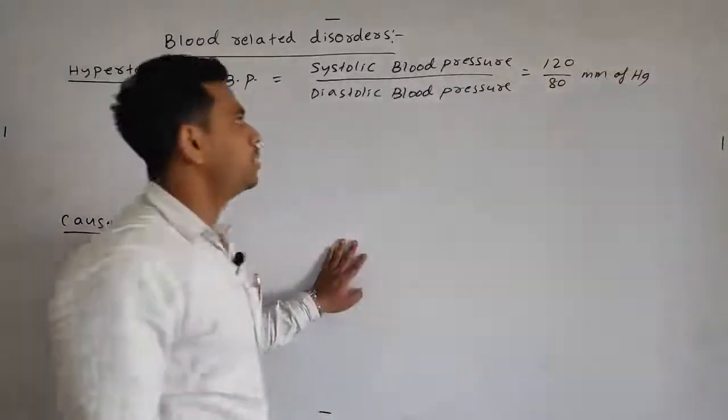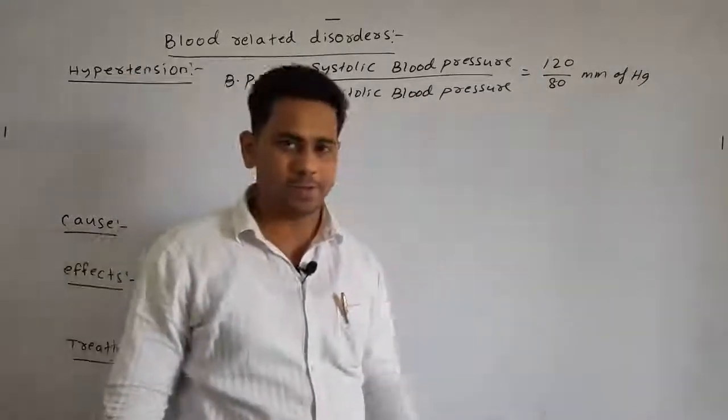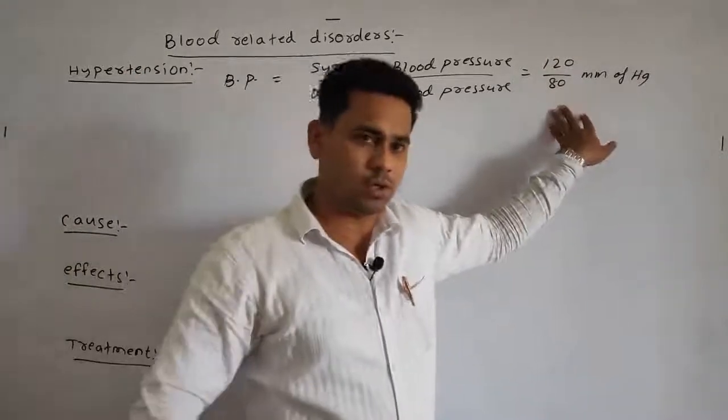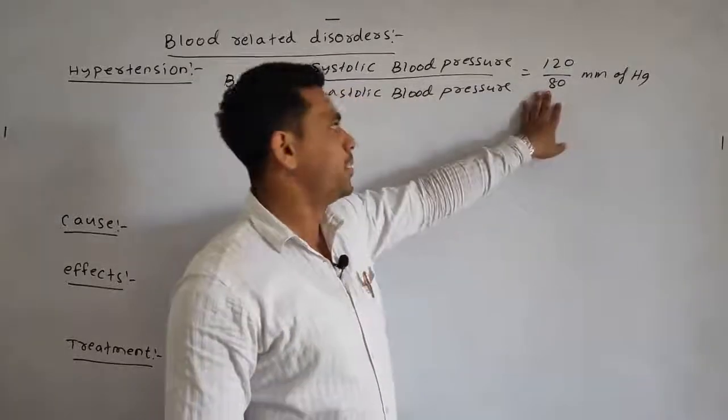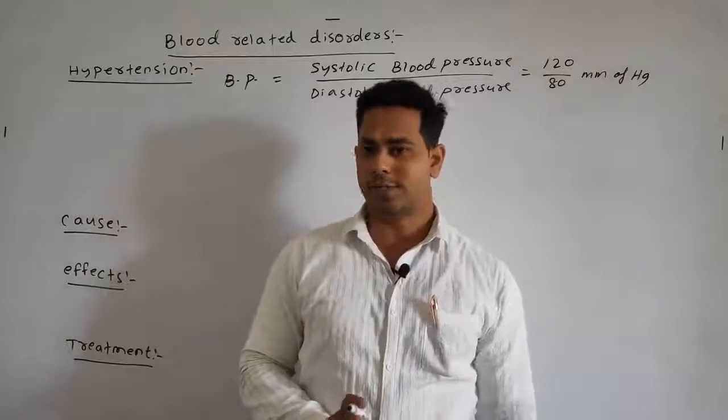Means the systolic blood pressure should be 120, the diastolic blood pressure should be 80. So this is normal, this is good, this is the normal pressure that is exerted on the wall of the vessels.